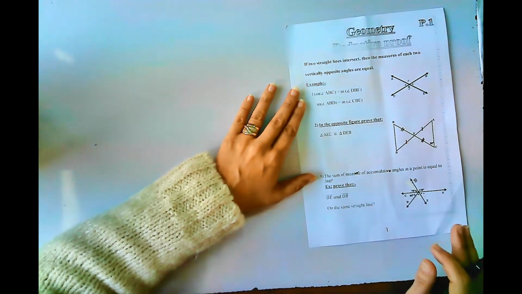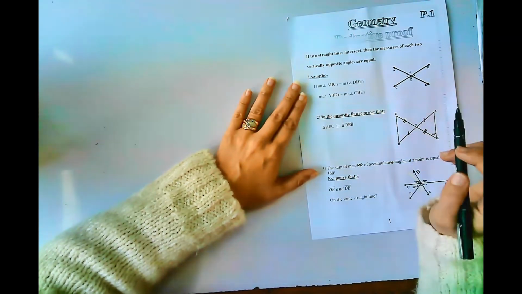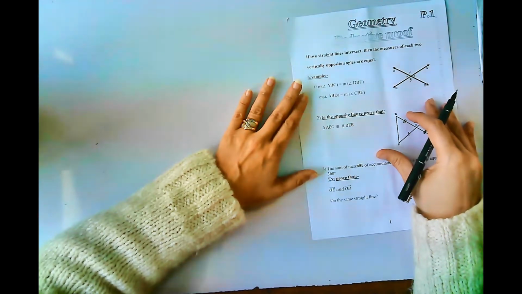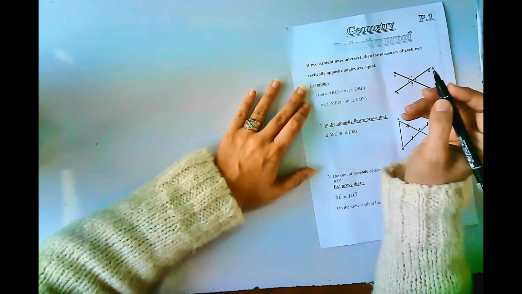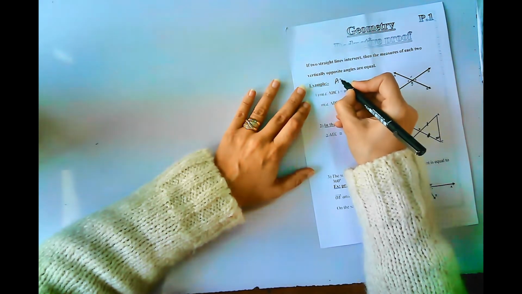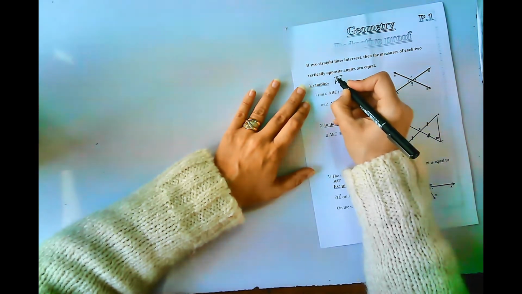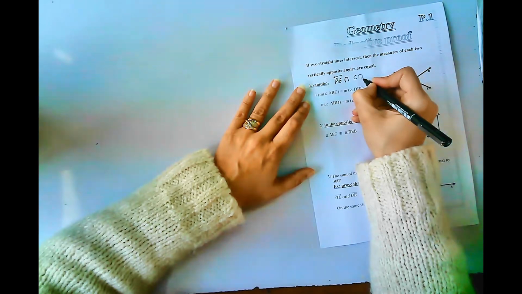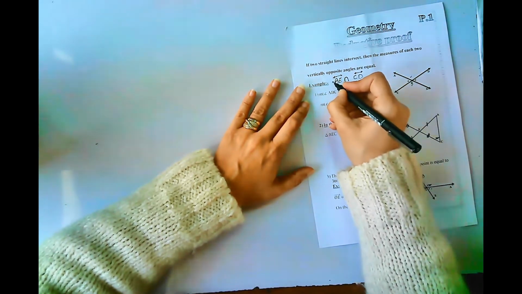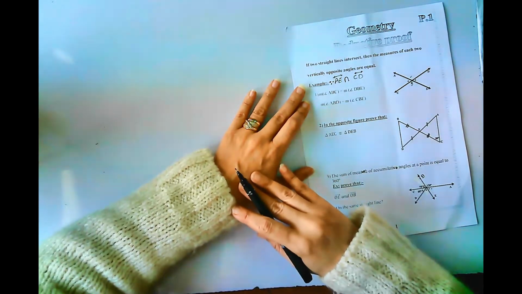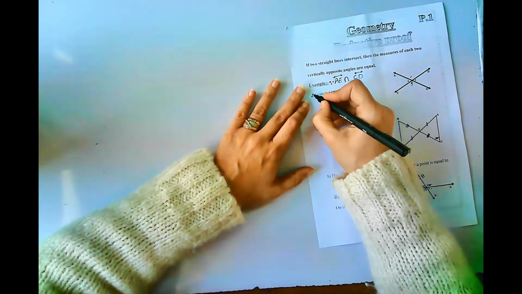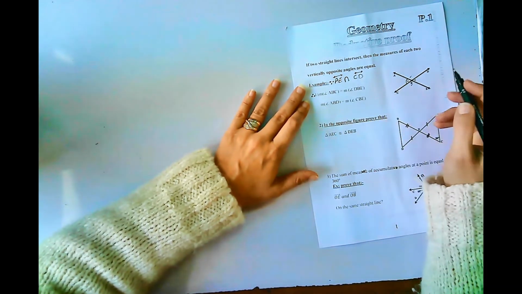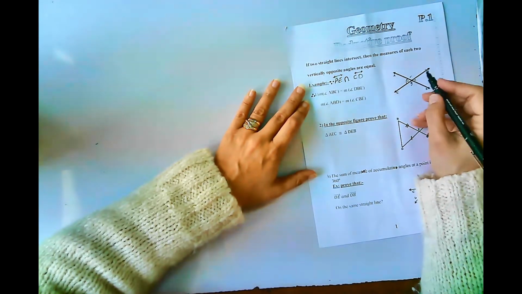For example, if straight line AE intersects straight line CD, then since straight line AE intersects straight line CD, the measure of angle ABC equals the measure of angle DBE.